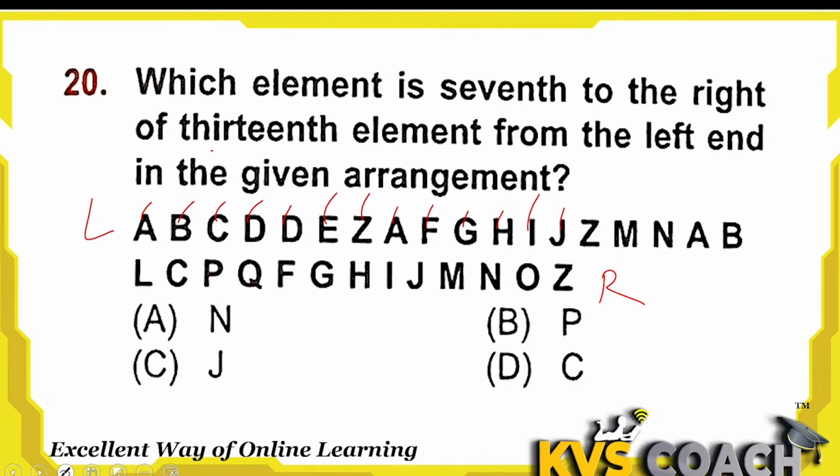Okay, this is the 13th element in this arrangement. And from the right, look, which element is 7th to the right of the 13th? So here is the 13th, and the 7th element is 1, 2, 3, 4, 5, 6, 7. So C is the 7th element to the right of the 13th. So D is the right answer here.